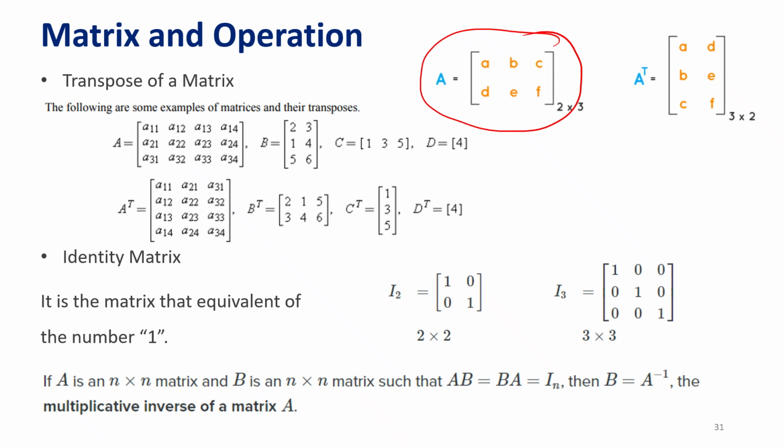Okay, so for example here, you have the row A B C, it becomes the column here, and this row here becomes the column. Okay, and the symbol of transpose is this one, a superscript T.